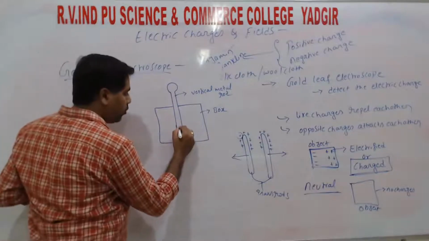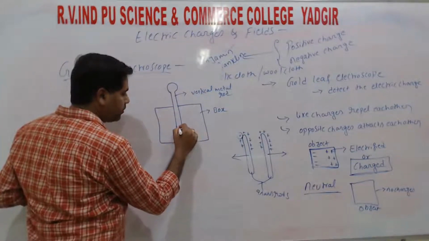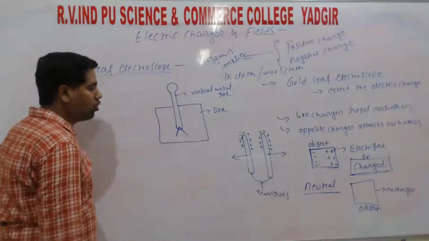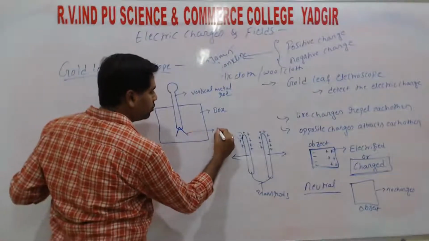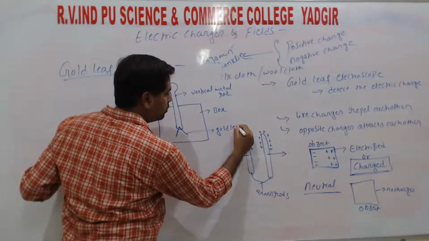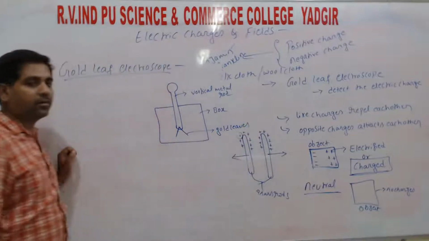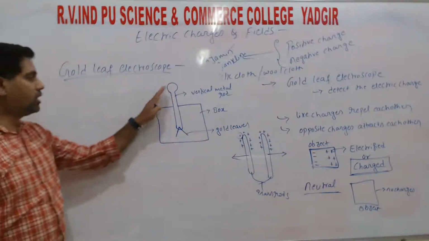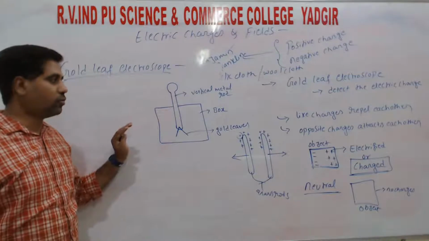At the bottom, it is fitted with two gold leaves. So these are the two gold leaves, right? So this is the simple gold leaf electroscope.